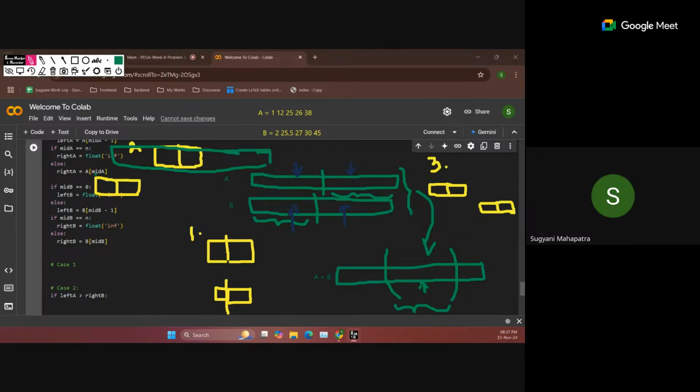Okay, so this is the B. Now, where exactly do you think the middle elements will lie? After right of B and before left of A. After, hang on, what? After right of B and before left of A. Why?